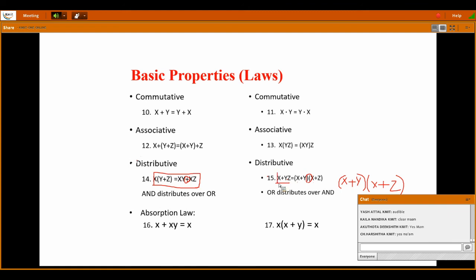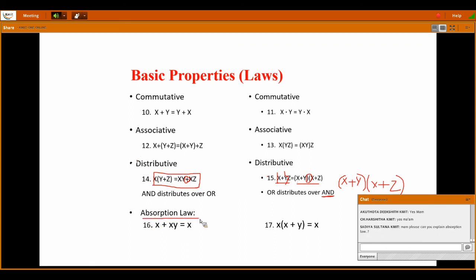But here the main key element is ANDing, and the internal operator will be plus. So (x plus y) into (x plus z). So this is OR distributes over AND. OR is distributed over AND. So AND is the key intermediate operator.